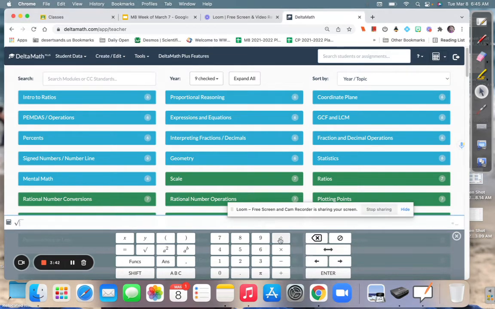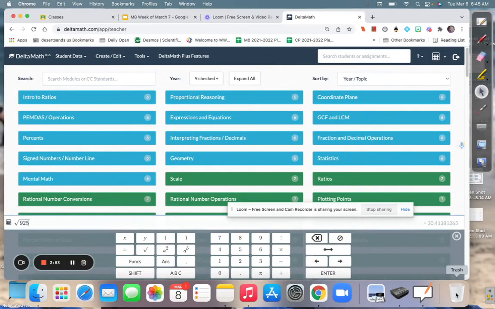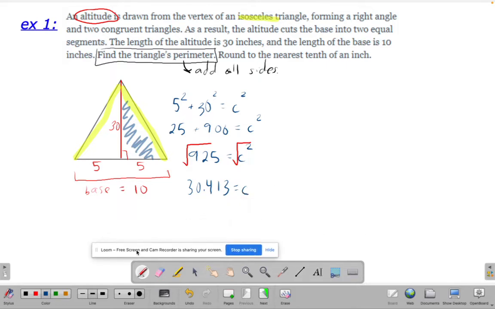Backspace, 925. All right, so I get 30.413. On these problems, you're going to want to copy 3 digits. So again, in Delta Math, the answer of the square root of 925 was 30. So the numbers in front don't matter, you just copy them. And then we're going to copy 3 decimal places after. So this is 30.413 equals C. Now I am not rounding yet.